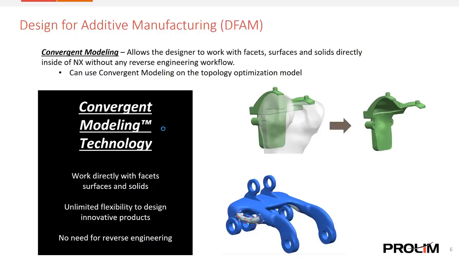I need to take and import that person's bone to fit it. So I already had my brace modeled, and I just need to subtract it. So you can use traditional modeling commands, or you can use the facet body operations as well. Okay, so we can use that on our topology models, or you can import scanned models as well.